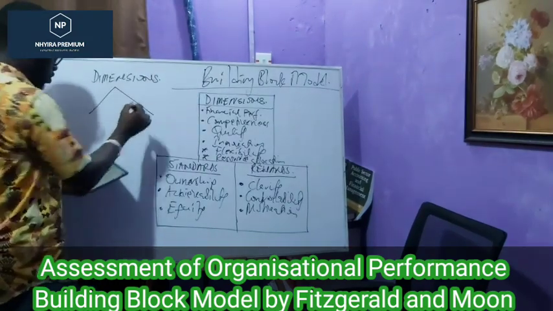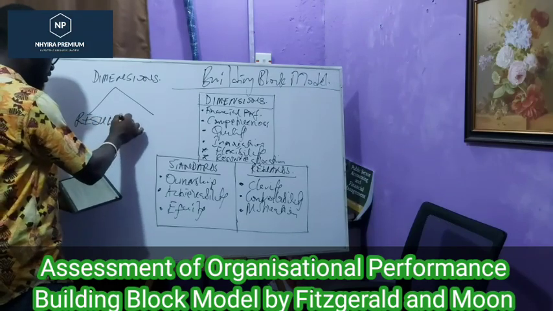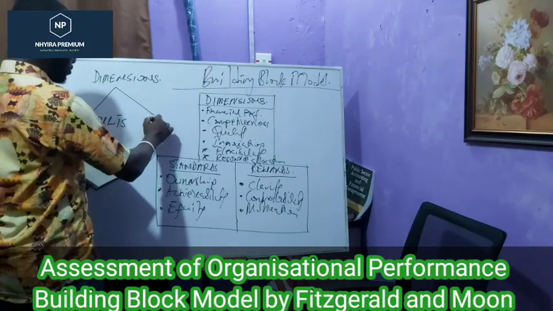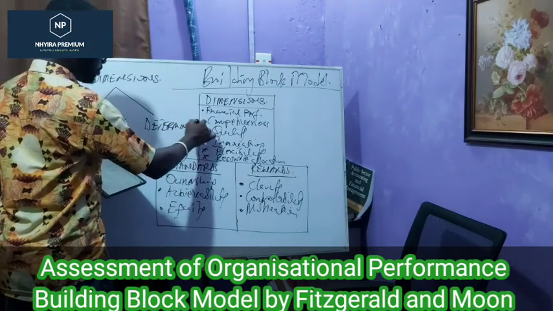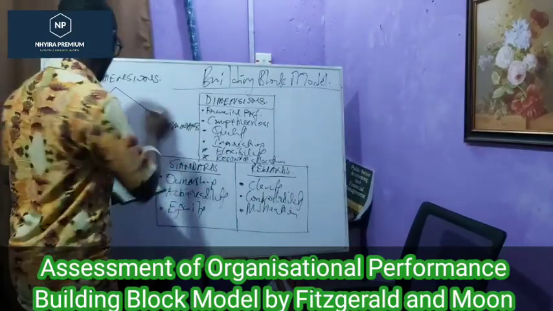The first one is called results, which is based on the past. And then the second one is called the determinants, which is based on the future. So there are 2 broad categories of dimensions that we have to look out for.